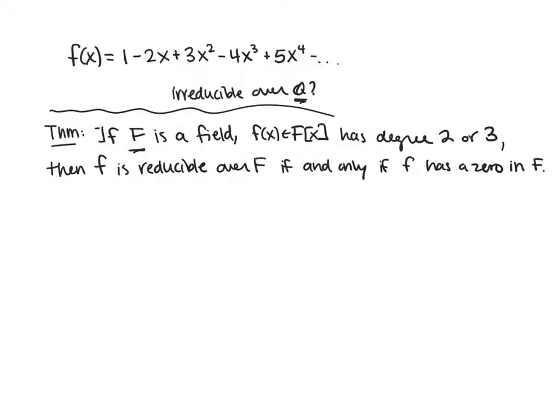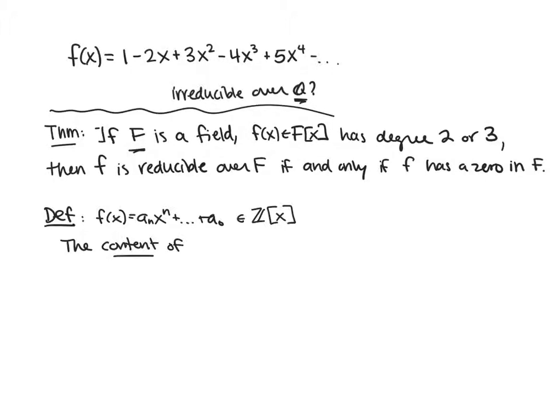So I have a definition and then a lemma and a theorem for you. So first, I want to tell you what I mean when I say the content of a polynomial. So if you have a polynomial f defined over the integers, say, the content of f is just the greatest common divisor of all of the coefficients.